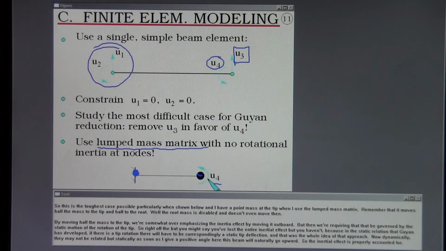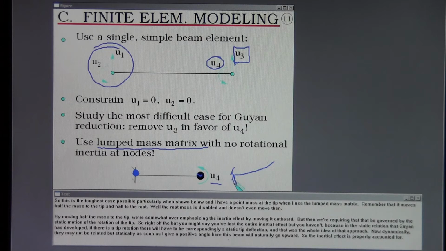And that was the whole idea of that approach. Now dynamically they may not be related, but statically, as soon as I give a positive angle here, this beam will naturally go upward. So the inertial effect is properly accounted for.